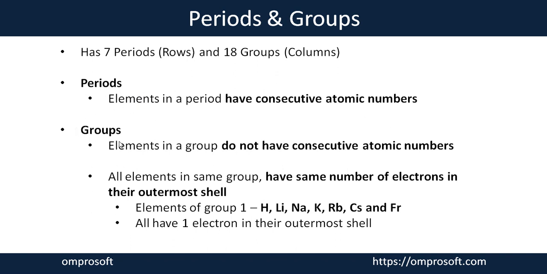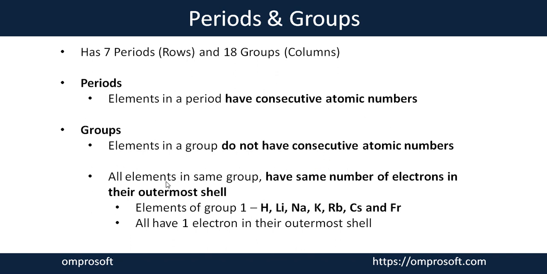But in a group, the elements do not have a consecutive manner in atomic number. They are arranged in increasing order of the atomic number but not in a consecutive manner. The numbers present in that particular group are in increasing order but not in a series.